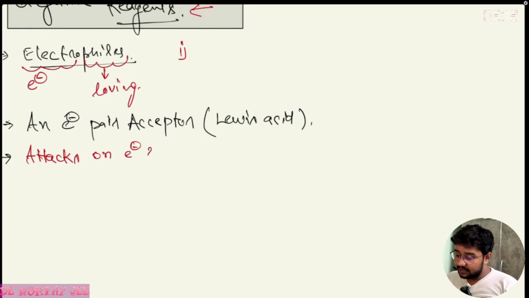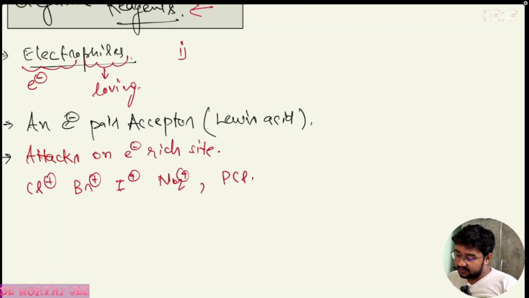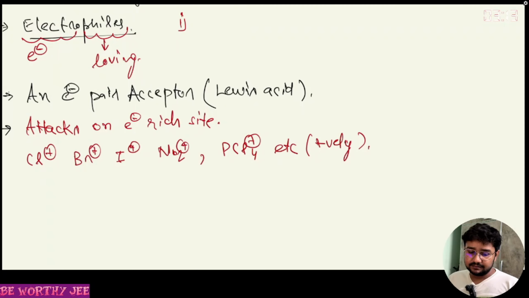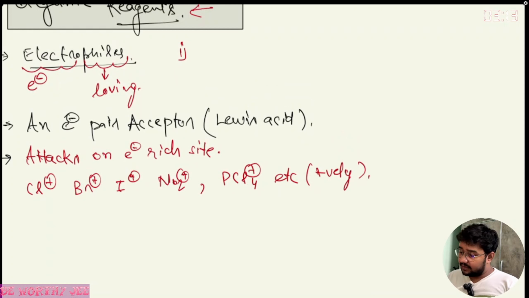We can easily understand that logically. Examples: Cl plus, Br plus, I plus, NO2 plus, PCl4 plus, etc. Mostly these are positively charged, but this is not a necessary condition.